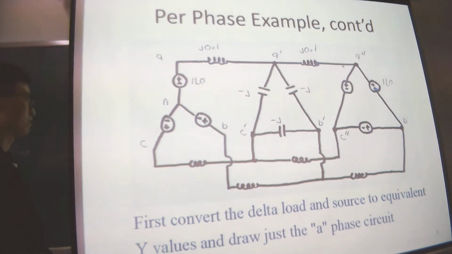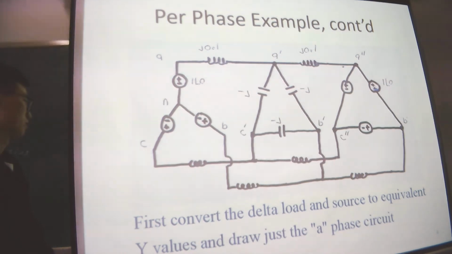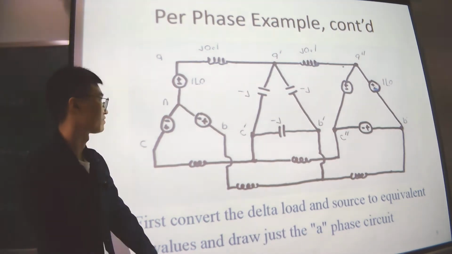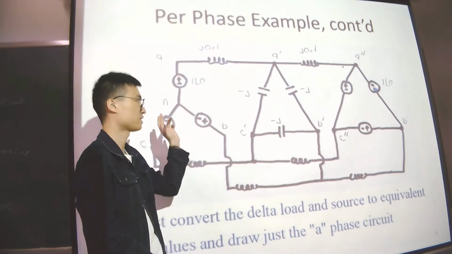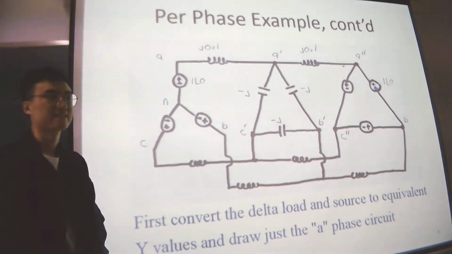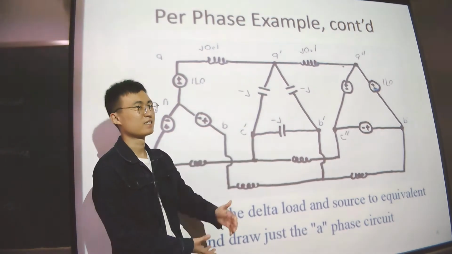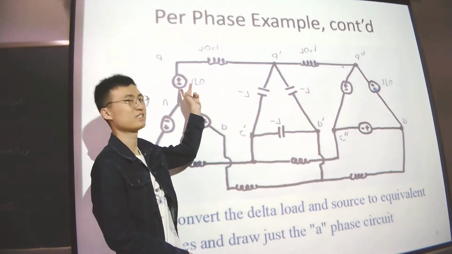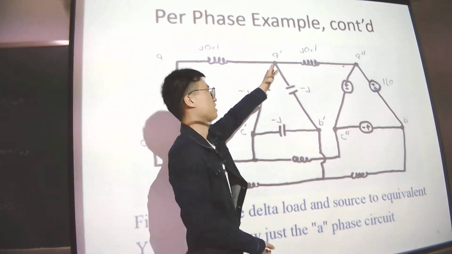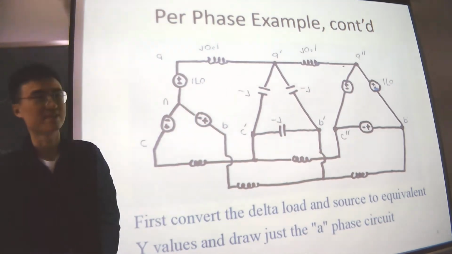So in the first step, you convert the delta source to the equivalent Y connection, right? We need to convert this to this. And do remember that in the balanced circuit situation, Z equals what when we convert this to the Y connection? Do you remember this?